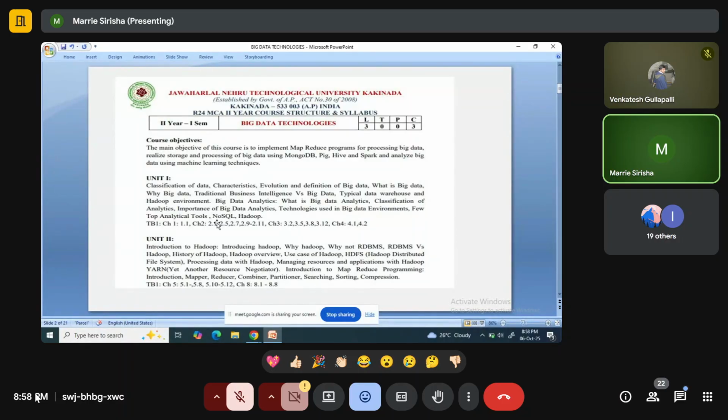A big data architect will design the big data. A Hadoop developer works on the Hadoop ecosystem. A Spark developer focuses on Apache Spark for faster processing. And then data warehouse specialist, machine learning engineer, business intelligence engineer, like that.